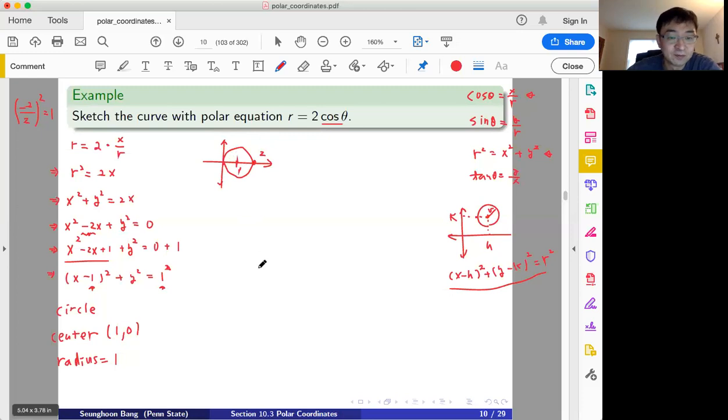One more. What is this graph? r = 4 cosine theta. What's the graph? The same. You can use the same procedure. Change what? This is 4.